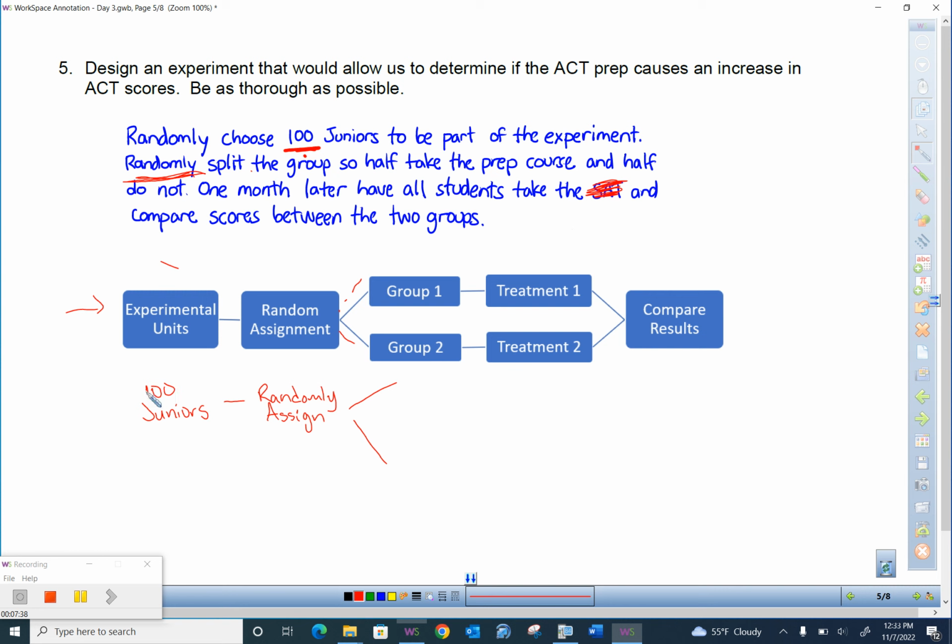So if we have 100 juniors, we would have group 1 be about 50 juniors, and group 2 is going to be the other 50 juniors. Then this first group, we're going to apply the treatment to. We're going to have them do the ACT prep course.